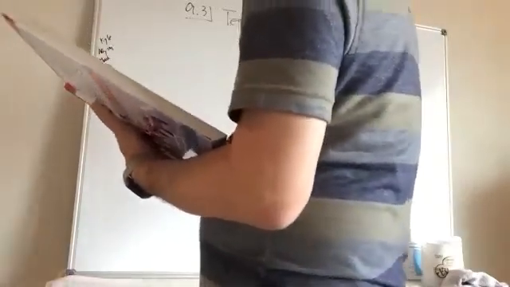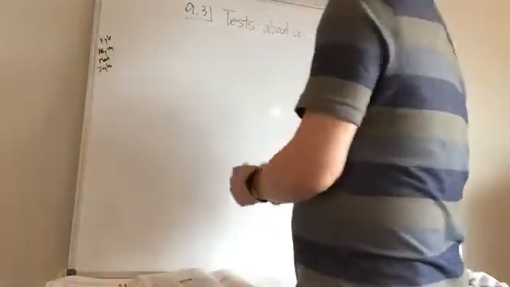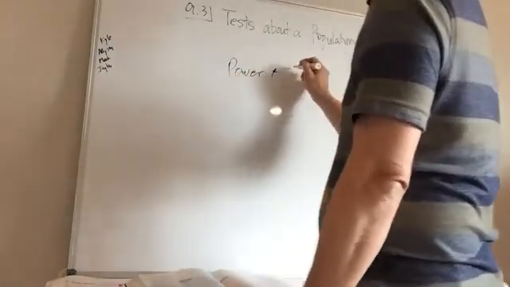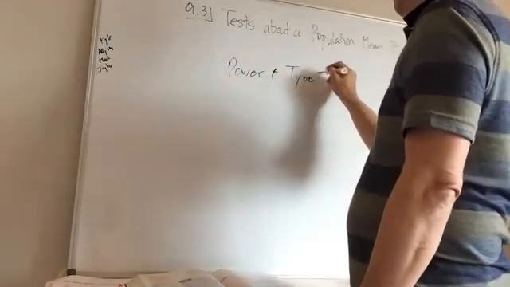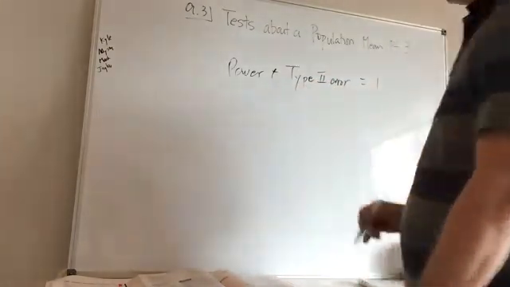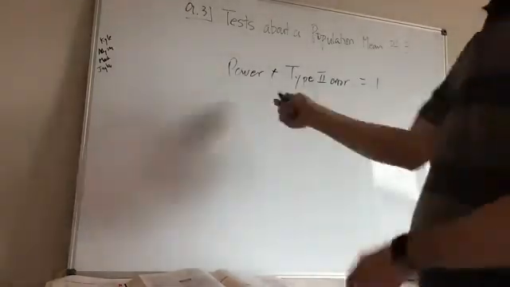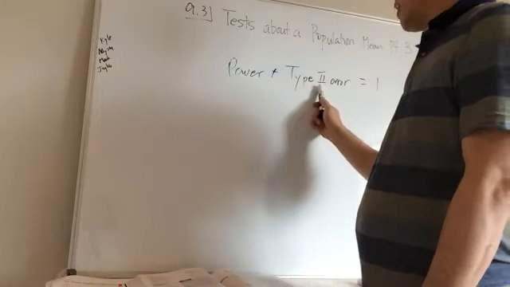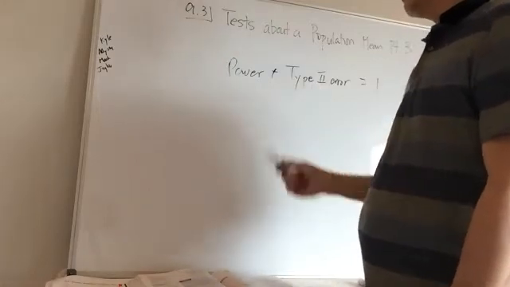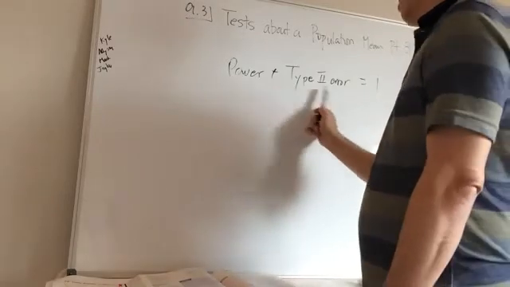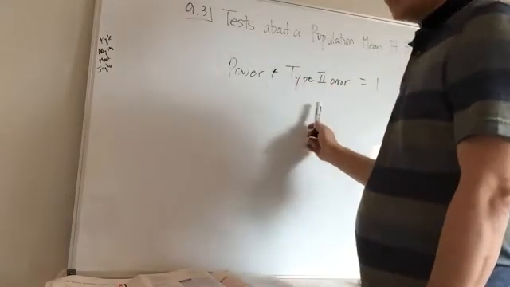The power of the test plus the type 2 error probability is 1. So the stronger the power, the less likely you will have a type 2 error. The weaker the power of the test, the more likely you will have a type 2 error.